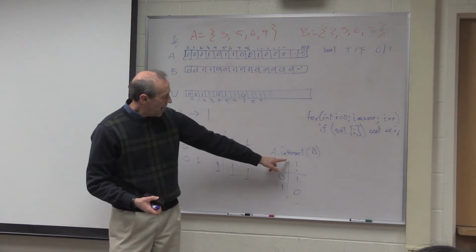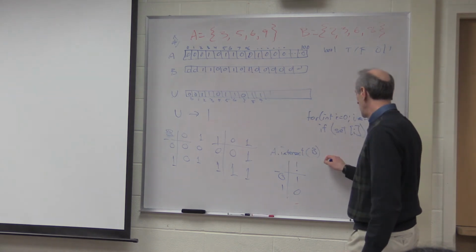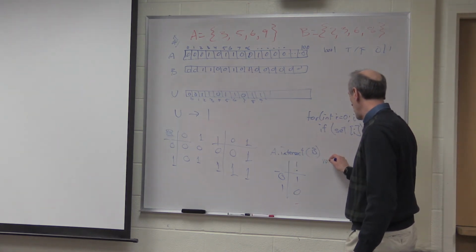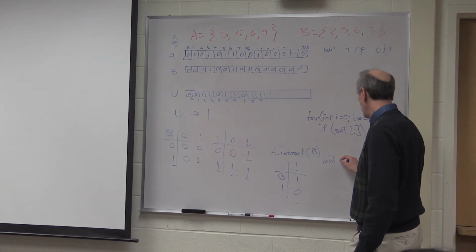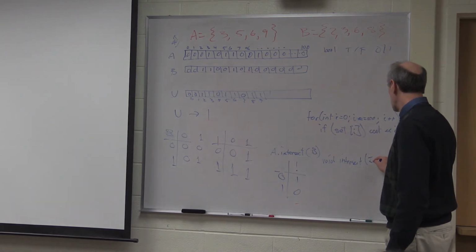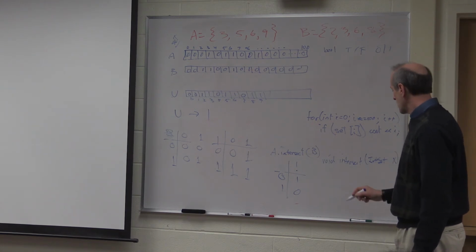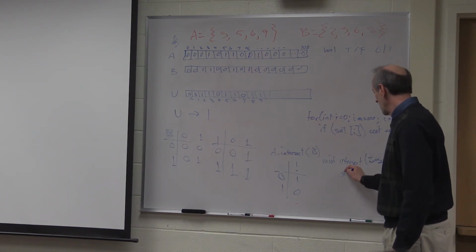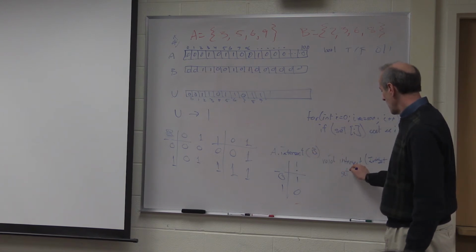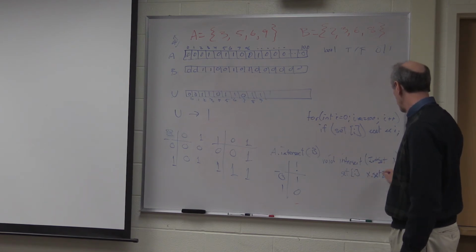So now again, A intersect B. That's going to be implemented as a void function, void intersect, and pass in set x. When you refer to the A set, you'll just say set sub I. The B set will be x dot set sub I, just to remind you.